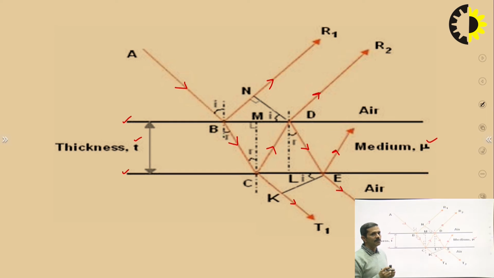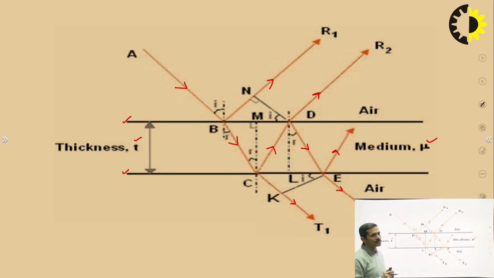Interference, constructive or destructive, depends upon the phase difference and path difference between the two interfering waves. So we have to calculate the phase difference or path difference between R1 and R2.